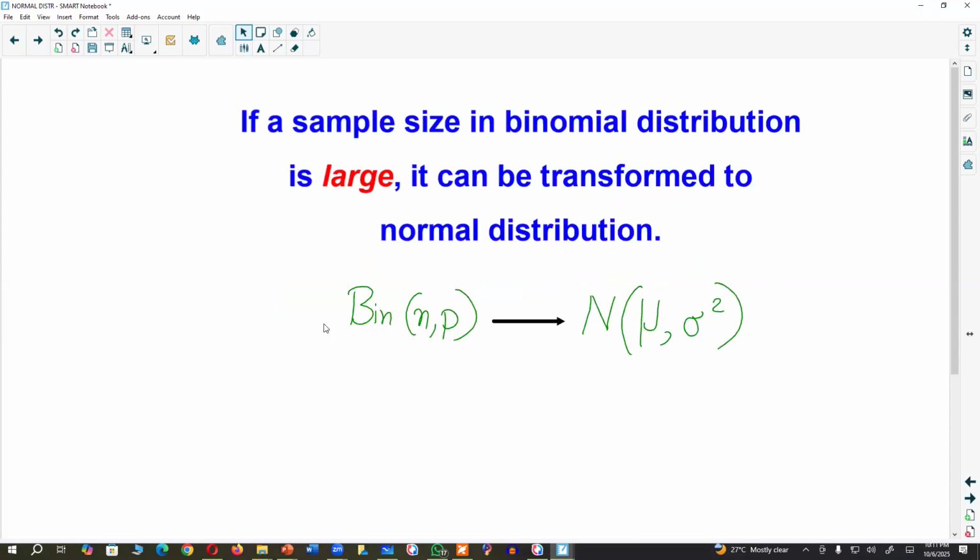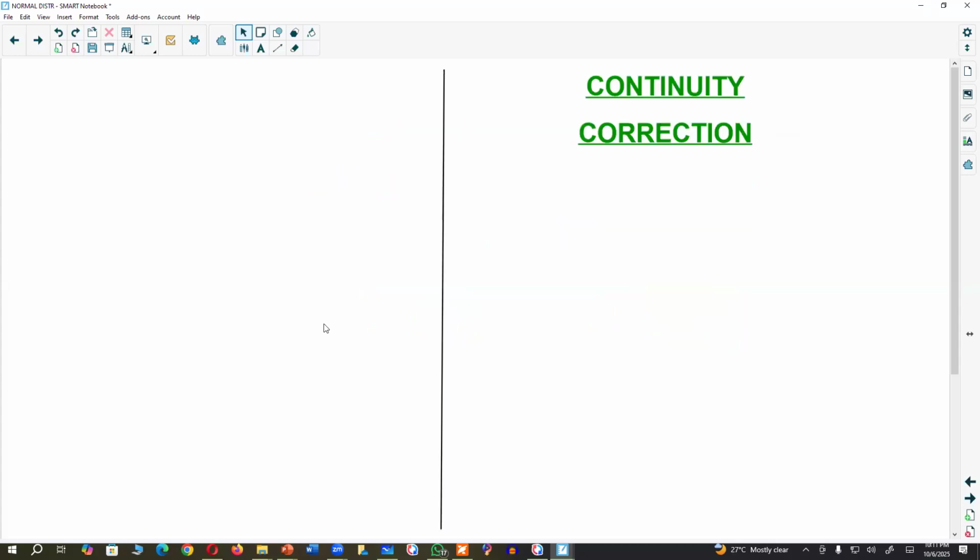Now if the sample size in binomial distribution is large, it can be transformed to normal distribution. So what's the idea here? If the sample size is quite big in binomial, you can shift the transformation to normal. N comma p is shifted to mu comma sigma square.